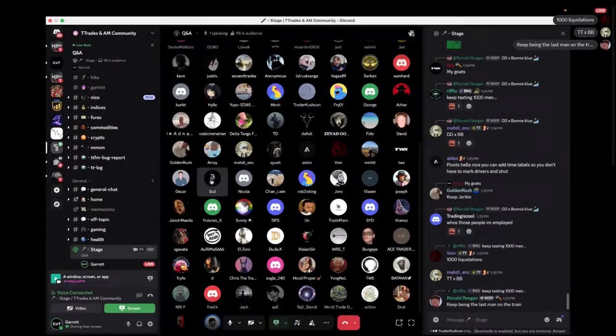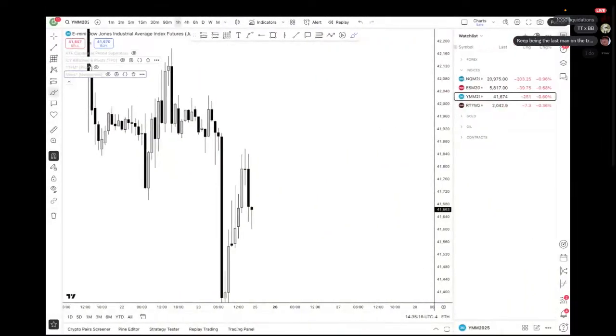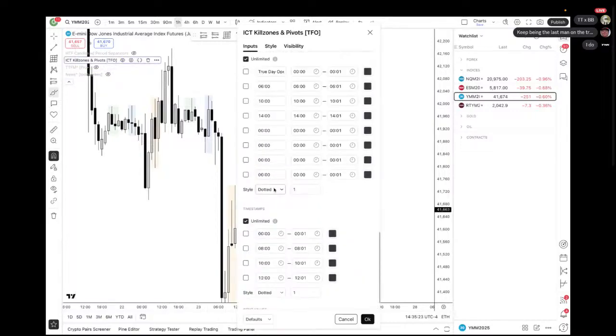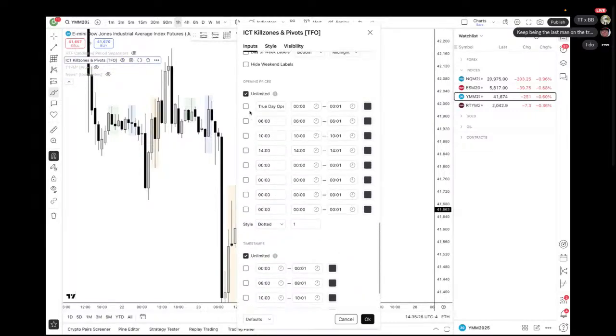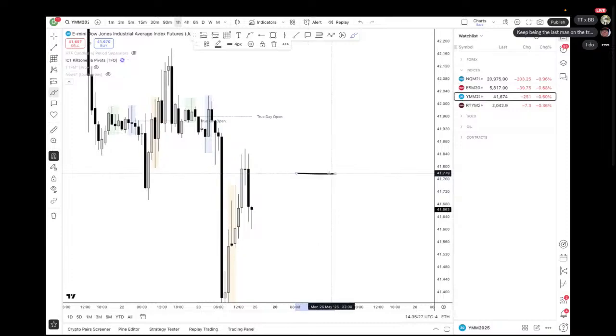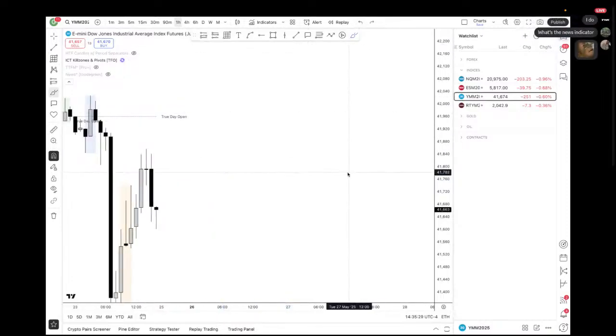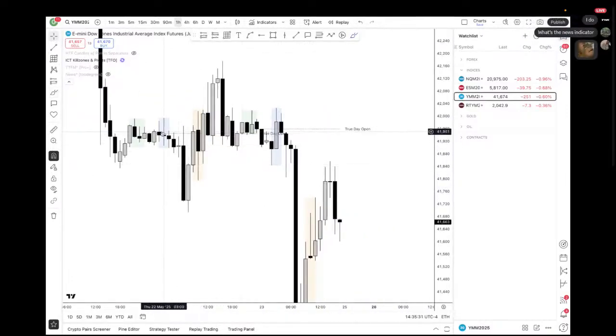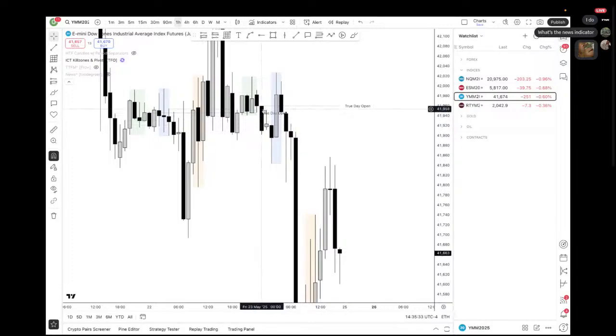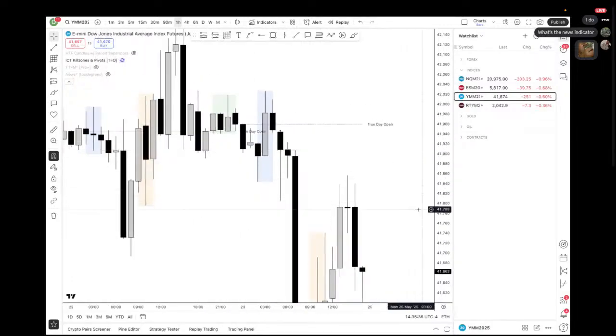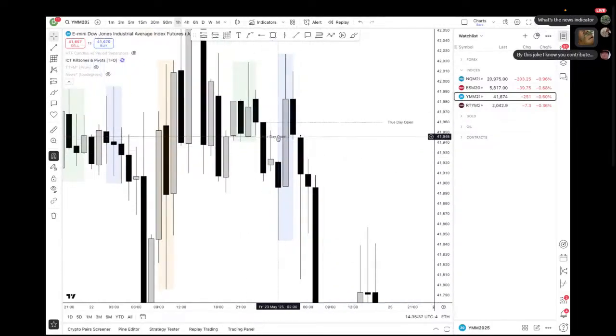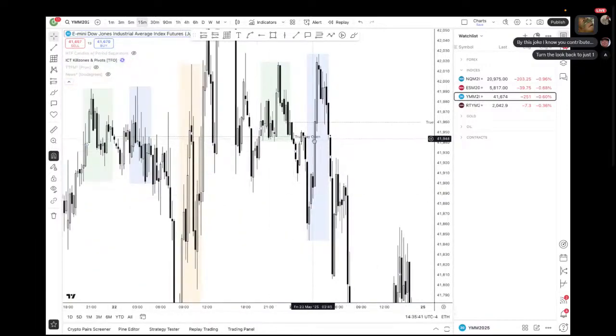I still don't like those like Aiden lines. That shit bothers me because it extends. I'm gonna show you if I have it here. For example, you see how it's marking it from the previous day right here, but it's extending it into current price action. Like I fucking hate that. You know what I'm saying? I don't know, it's weird, bro. Why does it do that?